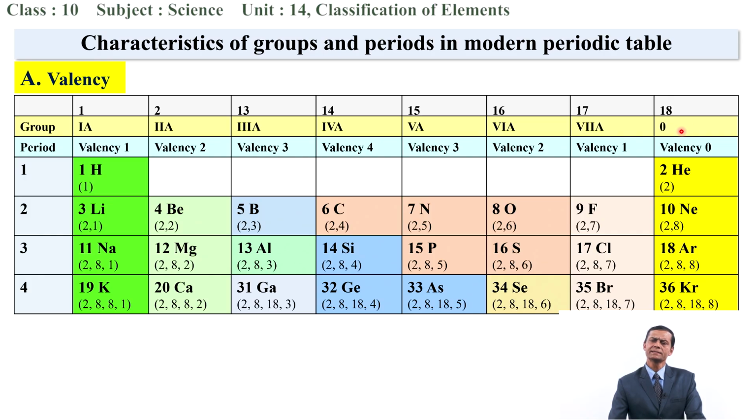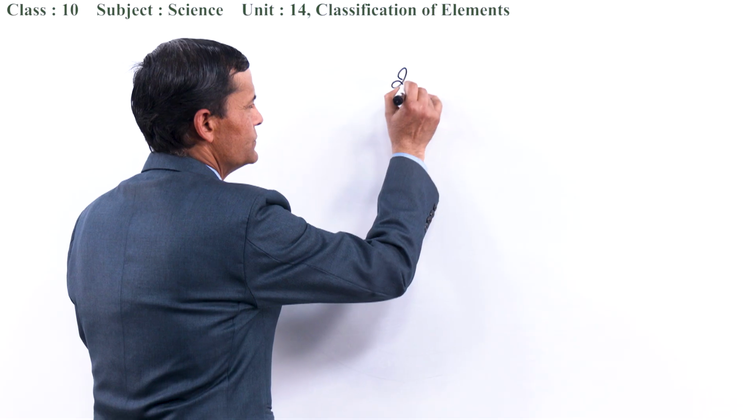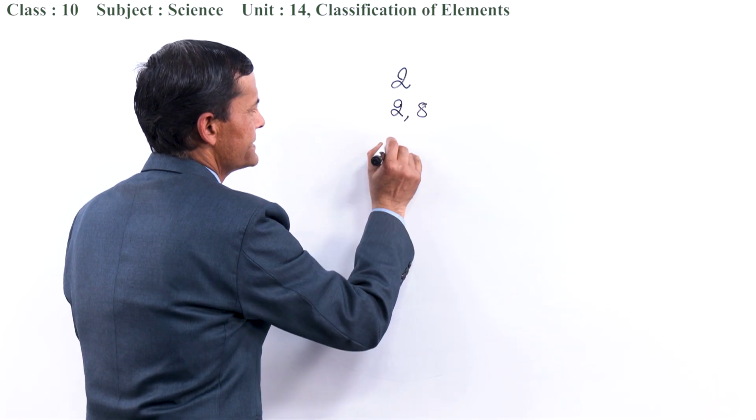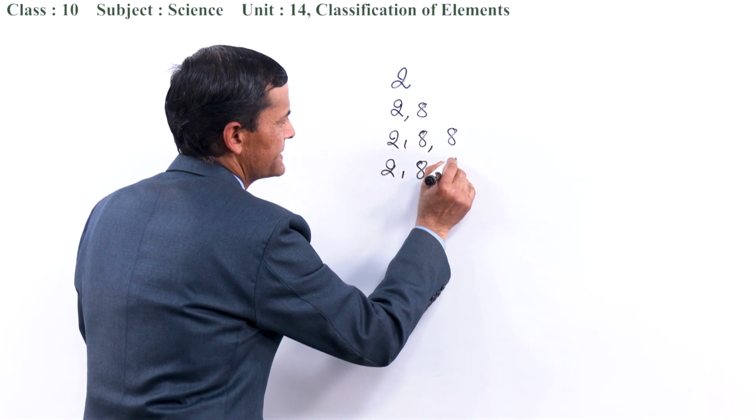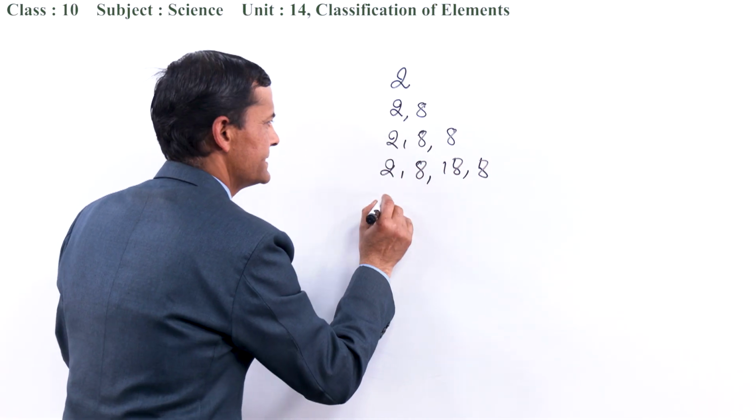But the last group, group 18 or 0, why are they group 18 or 0? It is the inert group, isn't it? Inert group, that is helium, neon, argon, krypton. There are other elements also. Dear students, let's see 2, 2, 8, 2, 8, 8, 2, 8, 18, 8.